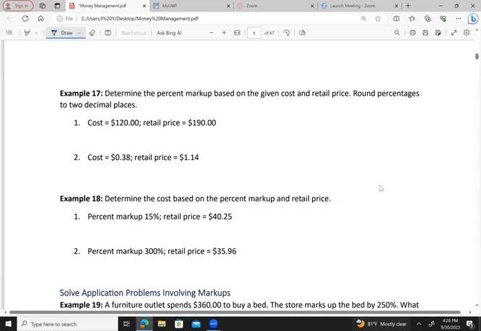Okay, same process here. Determine the percent markup based on the given cost and retail price. Round decimals or percentages to two decimals. So the cost is 120, the retail is 190. That makes the markup 190 minus 120, or 70.